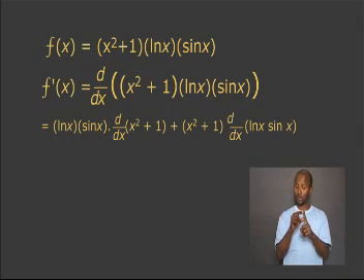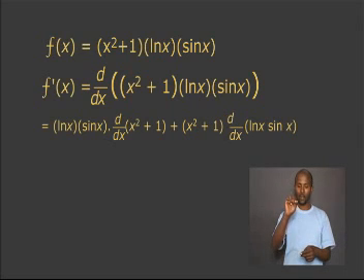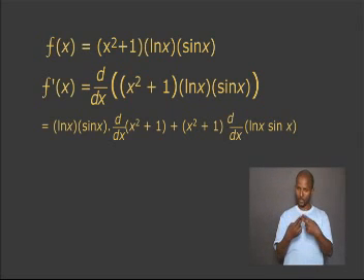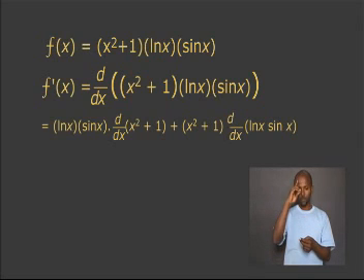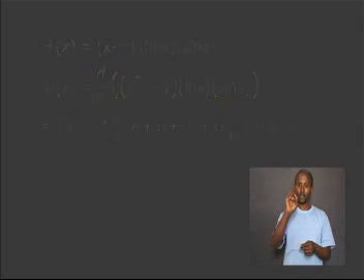So, it is equal to the natural logarithm of x times sine x times the derivative of x squared plus 1, plus x squared plus 1 times the derivative of the natural logarithm of x times sine x.